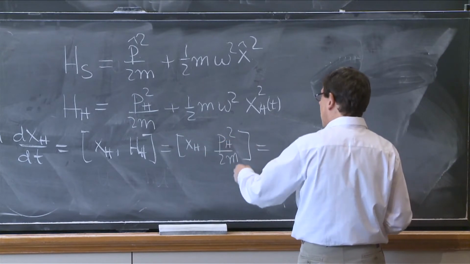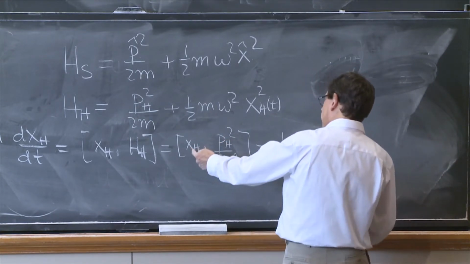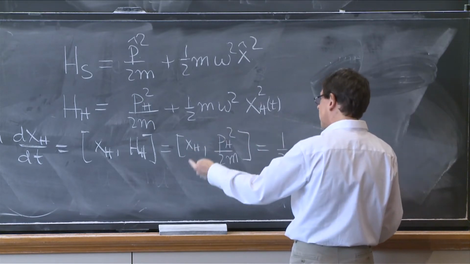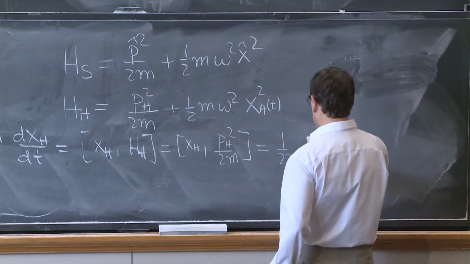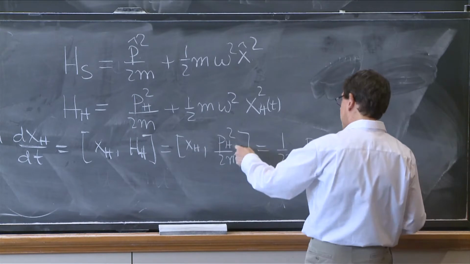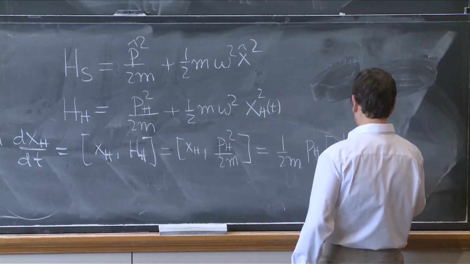So what is this commutator? You probably know it by now. It acts on one p, acts on the other, giving the same on each. So you get a p Heisenberg times the commutator of x and p, which is i hbar, times a factor of 2.